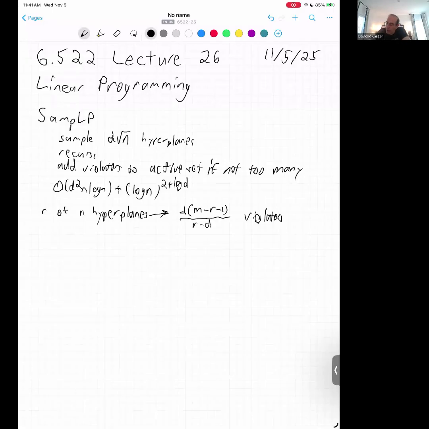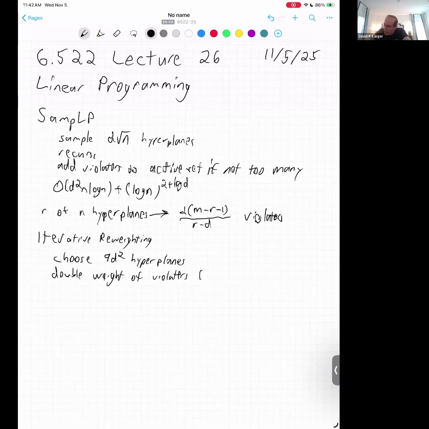We then showed how to improve this with a softer approach based on what we call iterative reweighting, where we simply choose in each round just 9d squared hyperplanes. And then we double the weight of the violators, again, if this weight is not too large.